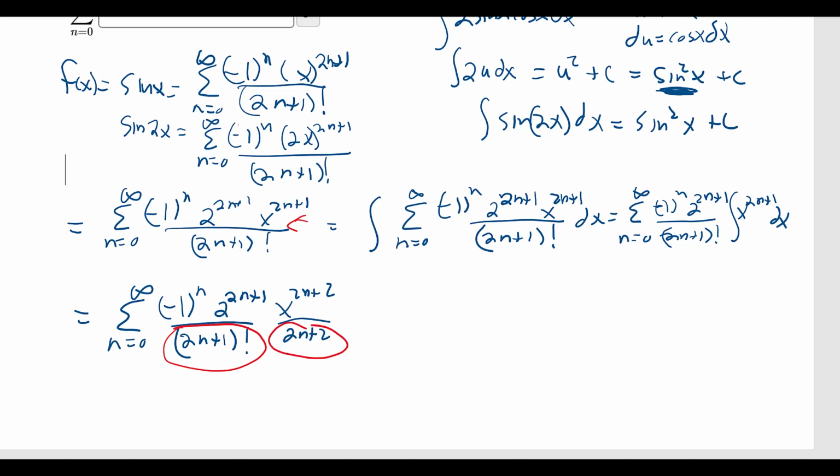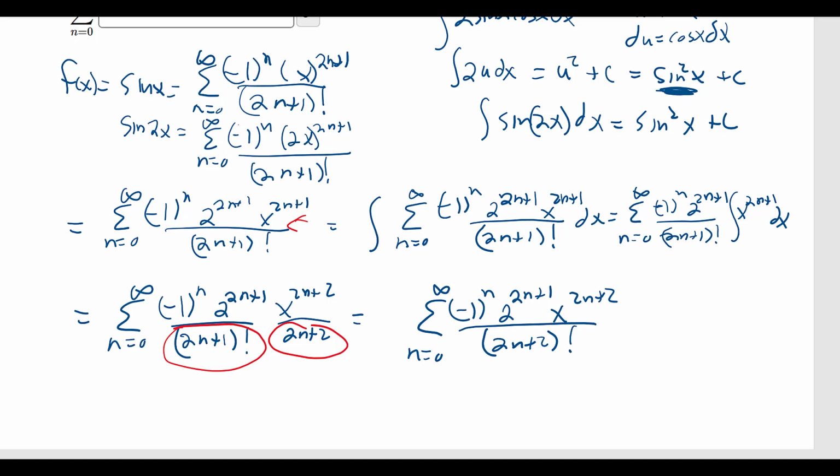Because 2n plus 1 factorial is 2n plus 1 times 2n times 2n minus 1 and so on. So we can combine this and make this the sum as n goes from 0 to infinity of negative 1 to the n, 2 to the 2n plus 1, x to the 2n plus 2 over 2n plus 2 factorial. And that's the answer we're looking for.